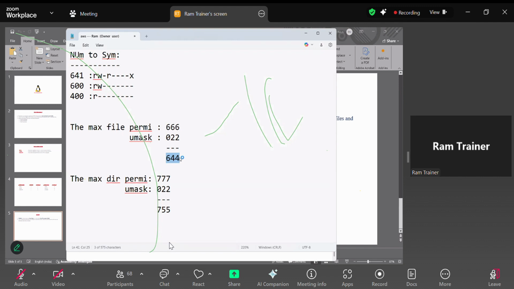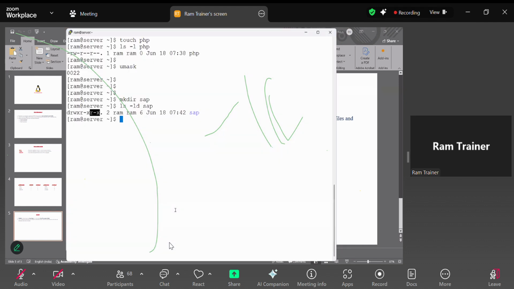So the complete default file permissions depend on the existing umask value. For example, I have one PHP file, but only I can read and write it. But sir, I want to provide write permissions even for the group members.